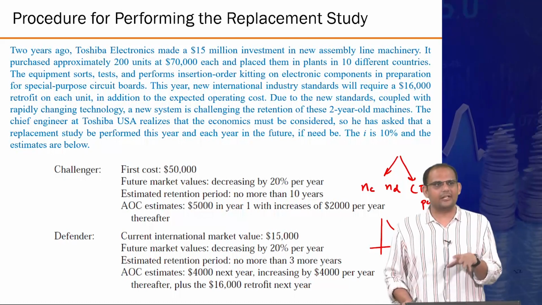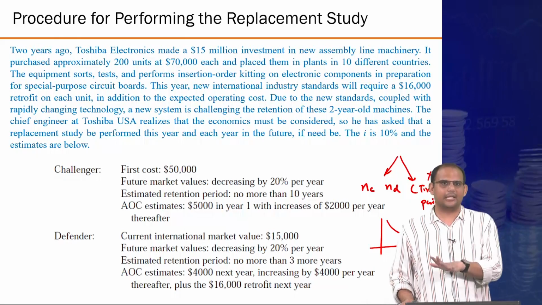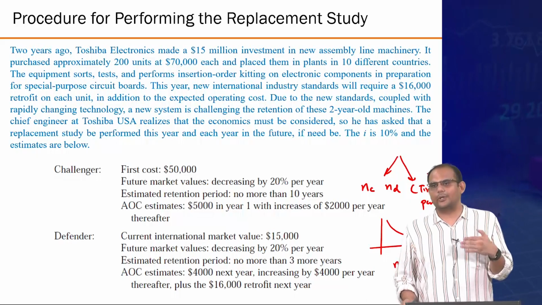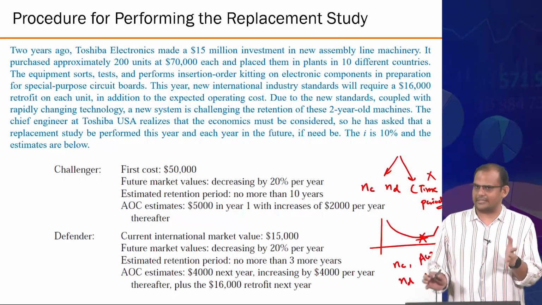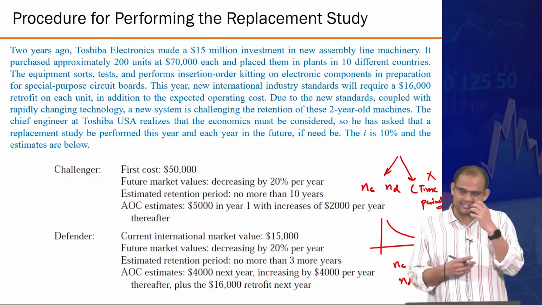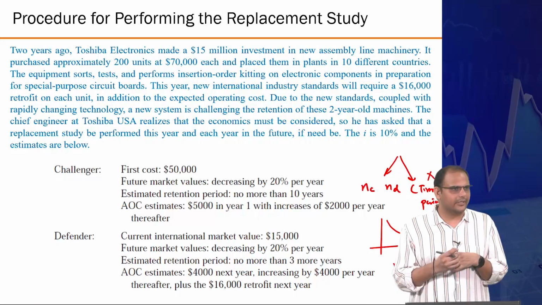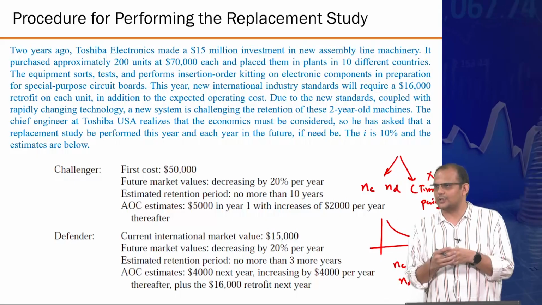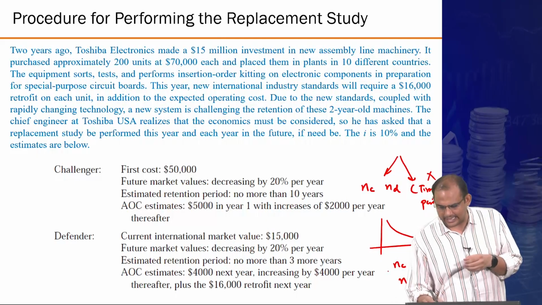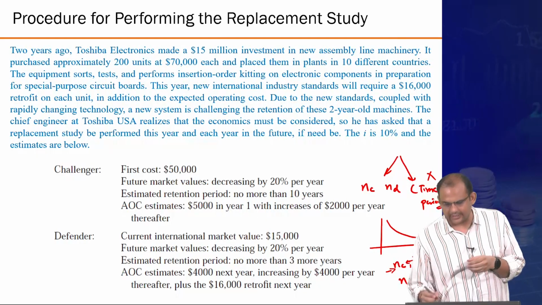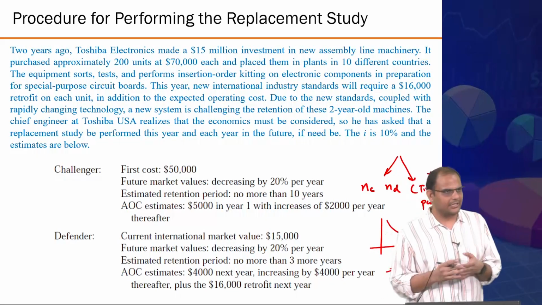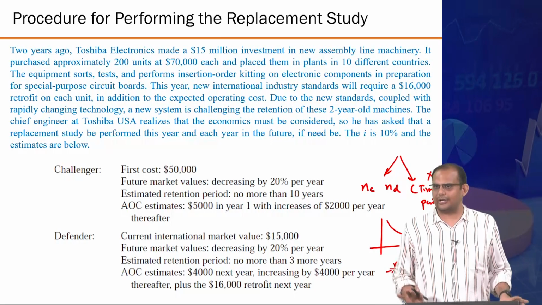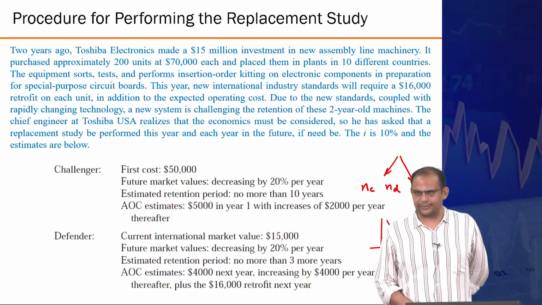If your defender's annual cost is lower than your challenger's, you are not going to replace this year. But if the challenger's cost is lower than the defender's, you immediately replace and you assume that this challenger is going to be useful for the next NC number of years, which is the economic service life of the challenger. And here the complete decision is already over. You don't need to proceed further for the question.